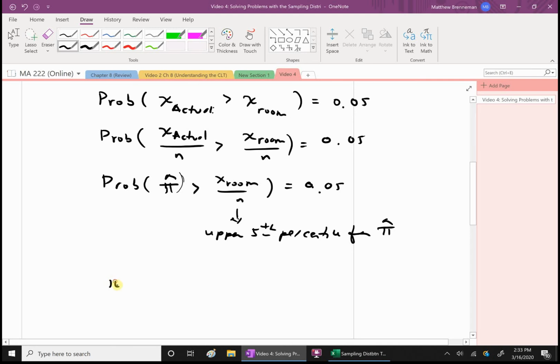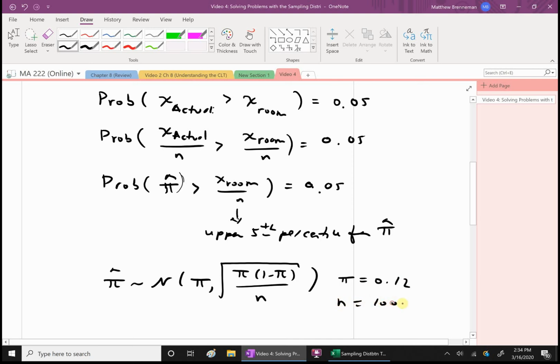So I know in this case that pi hat has a normal distribution. The mean is the population proportion, pi, and the standard deviation is the square root of pi times 1 minus pi over n. And I'm going to go ahead and substitute these values in, right? So pi is 12% and n is equal to 1,000.